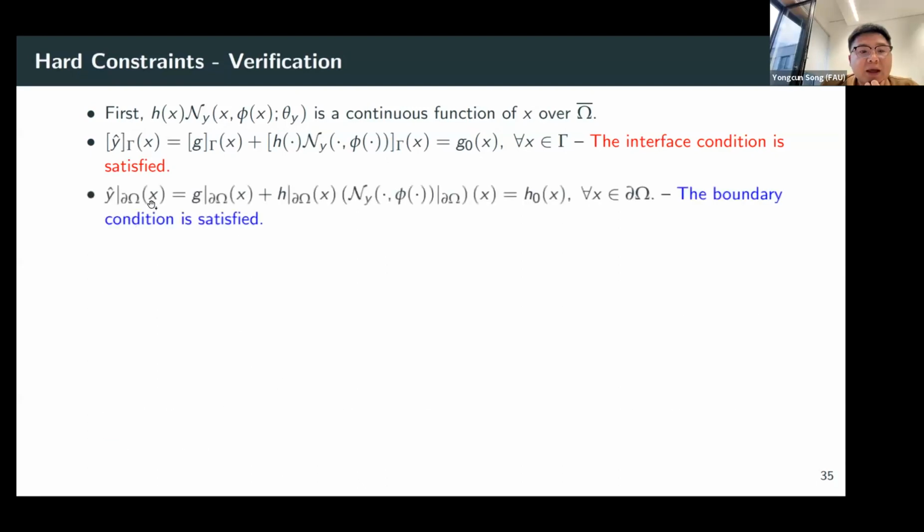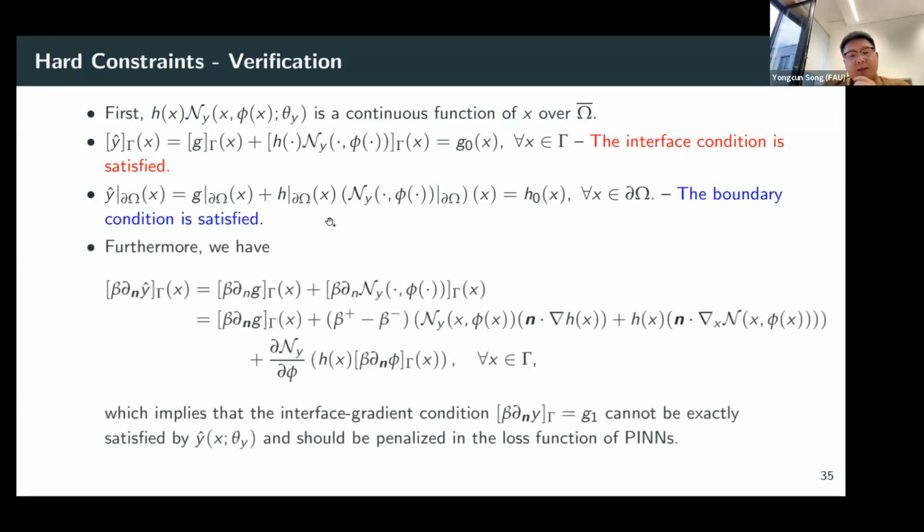And the boundary condition is also satisfied. Next, with this neural network, we can compute the jump of the normal derivatives in this form. That means the interface gradient condition cannot be exactly satisfied by this neural network, and should be penalized in the loss function of PINNs.